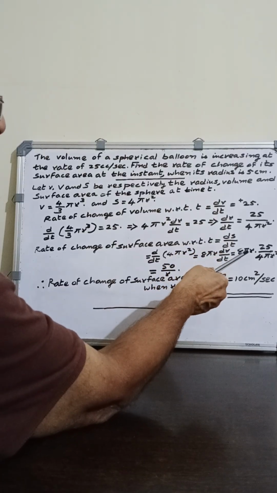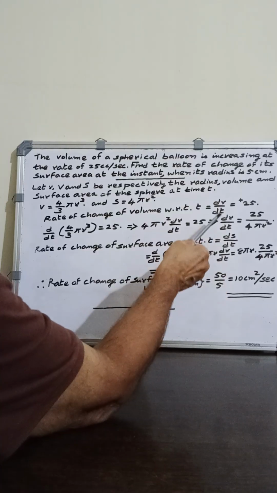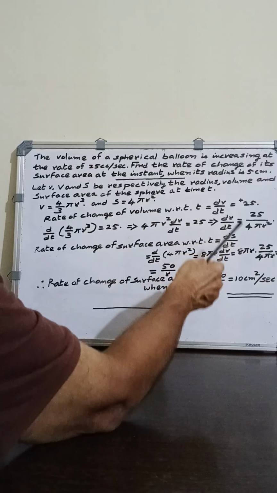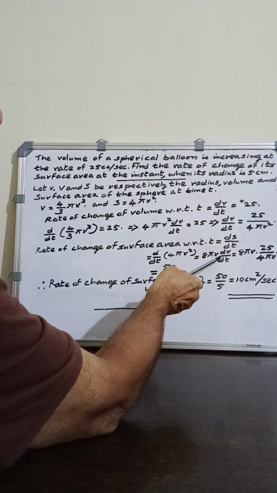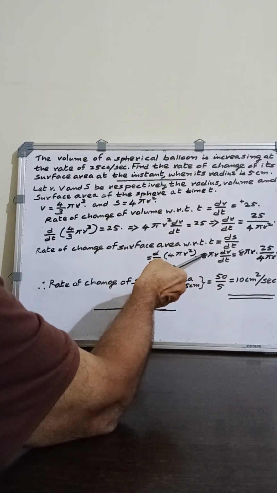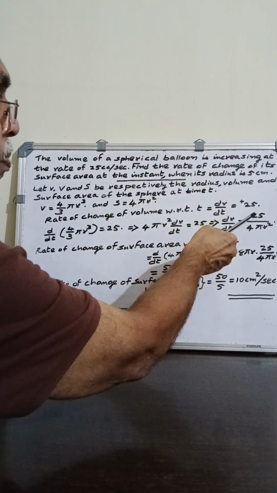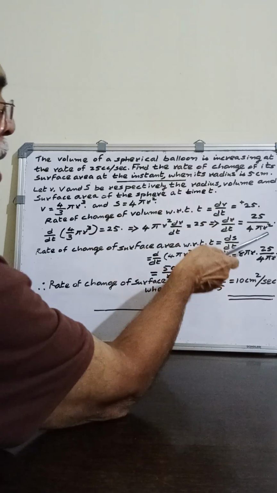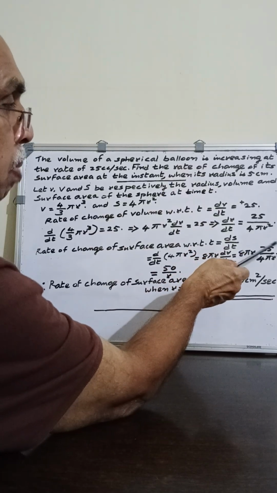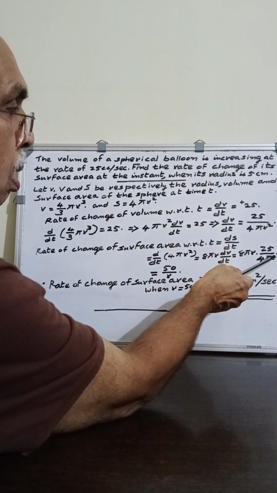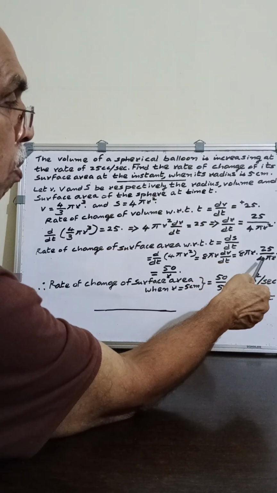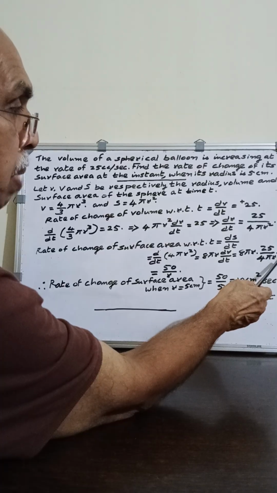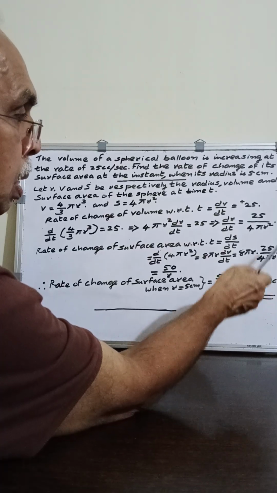Therefore, 8 pi r into dr by dt, which we already defined here as 25 by 4 pi r squared. Instead of dr by dt, we can put 8 pi r into 25 by 4 pi r squared. When simplified, 4 and 8 go to 2, pi r and pi r squared leave r remaining here.